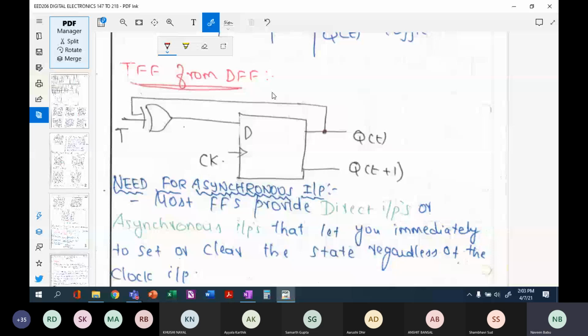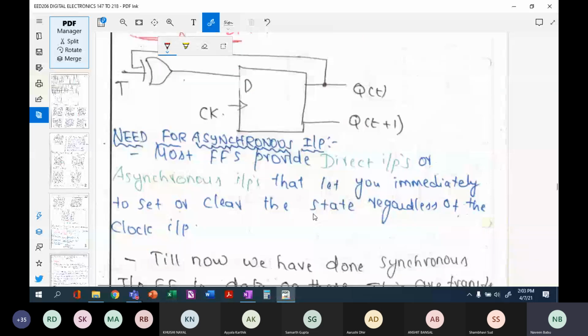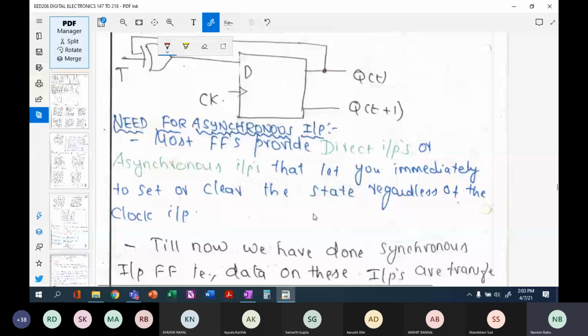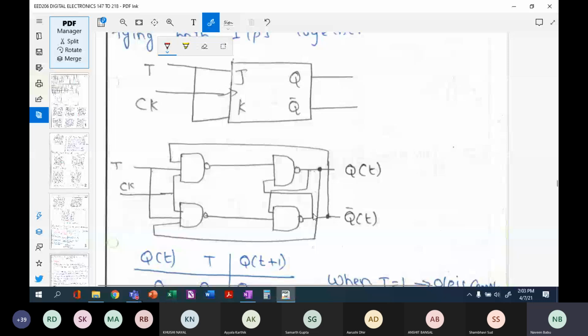And then we started discussing the problems with the JK flip-flop. Why there will be problems with the JK flip-flop is because you have two stages of inputs and outputs in case of a JK flip-flop, for any flip-flop, in fact. So this is the first stage and this is the second stage.